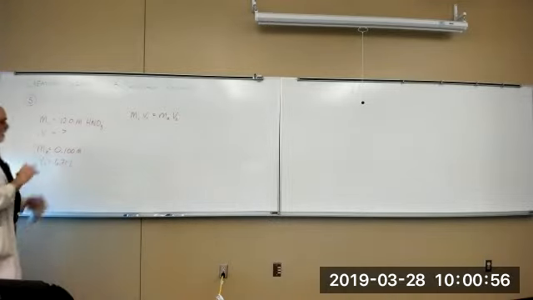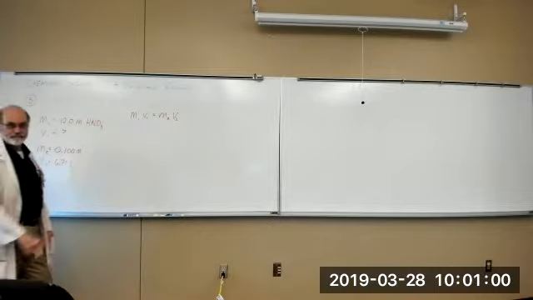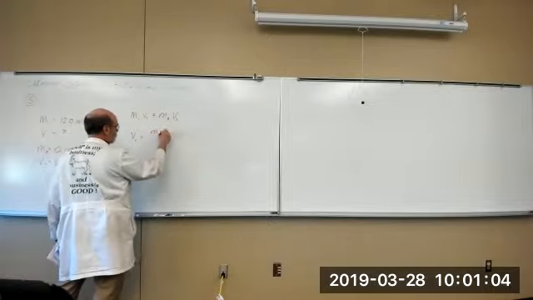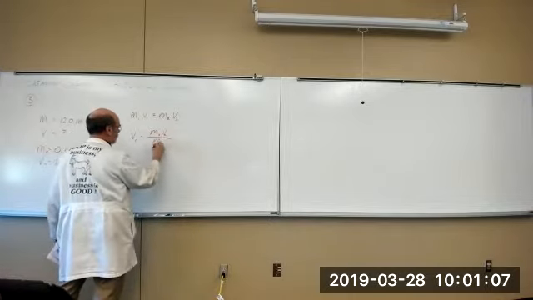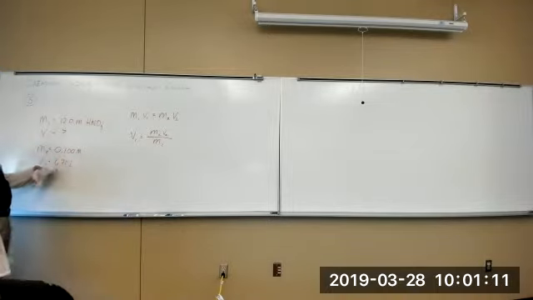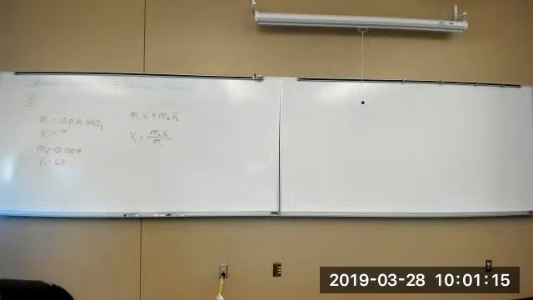So now we can put our information in, or we can solve for V1 and then put our information in. The volume here is in liters, so our answer is going to be in liters, right?